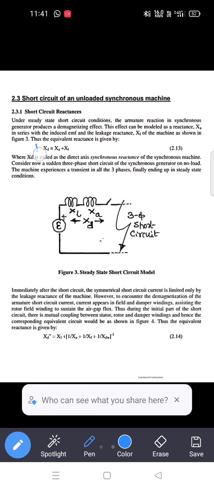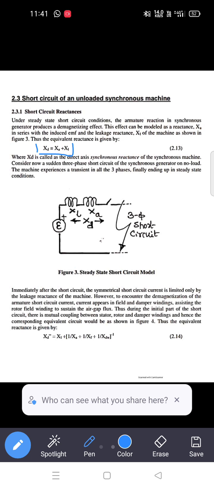So in normal condition, the resultant reactance is XA plus X1. XA is the armature demagnetizing effect and X1 is the leakage reactance. Now this XD is called the synchronous reactance of the synchronous machine.